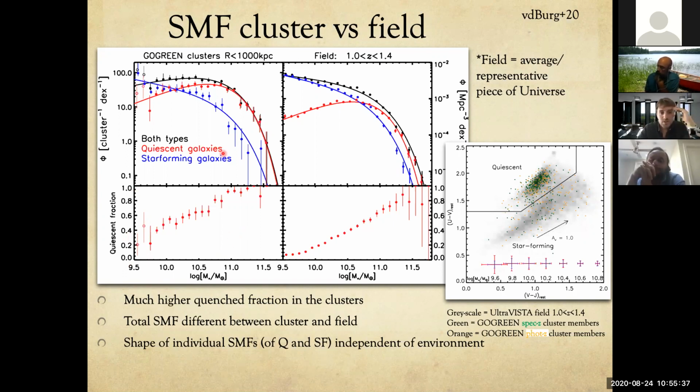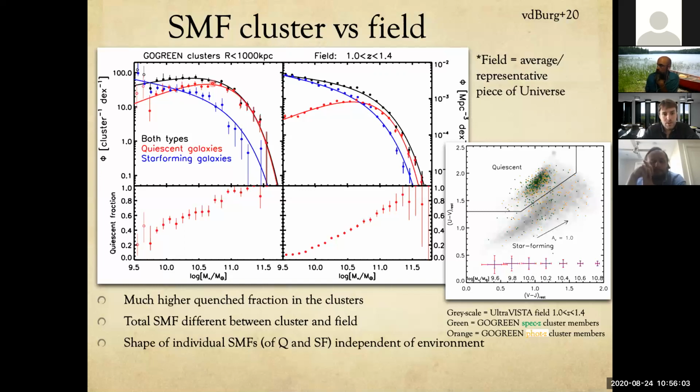Now, the first thing that may be observed is that the total stellar mass function, which is shown in black here, has a very different shape between the clusters and the field. There's a clear excess of low mass galaxies in the field, which does not exist in the clusters. However, there is a much higher quenched fraction of galaxies in clusters than in the field.